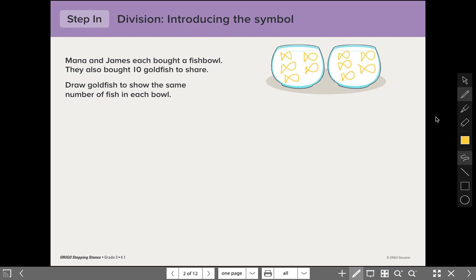So, I drew the same number of goldfish in each bowl. I want everybody to do that. Okay, so 5 goldfish in each bowl. I'll give you a second to do that.